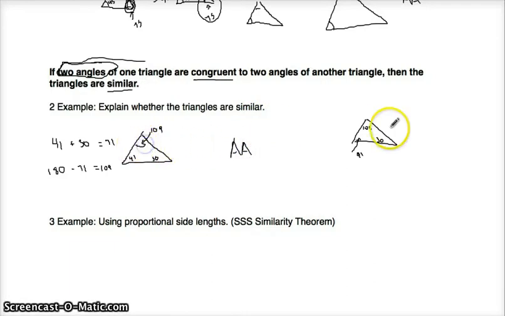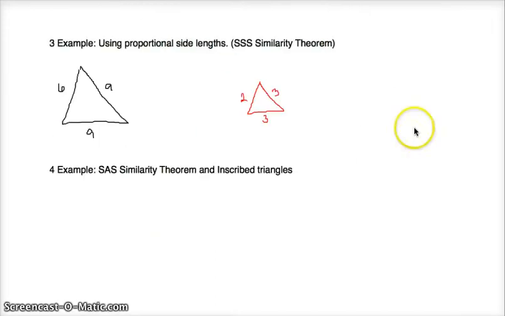So there's 109 and 109, and there's 30 and there's 30. So because we know that two angles from the triangles are the same, we can use the angle-angle theorem and conclude that the triangles are similar. So your blanks would say, because two angles in one triangle are congruent to two angles in the other triangle, the triangles are similar. Go ahead and fill in those blanks now.